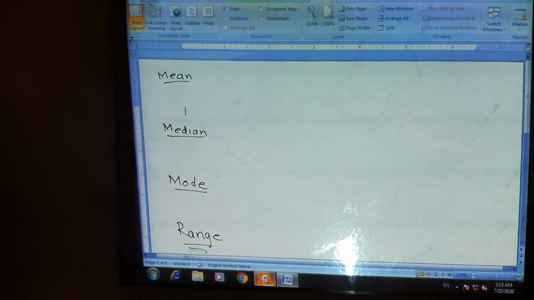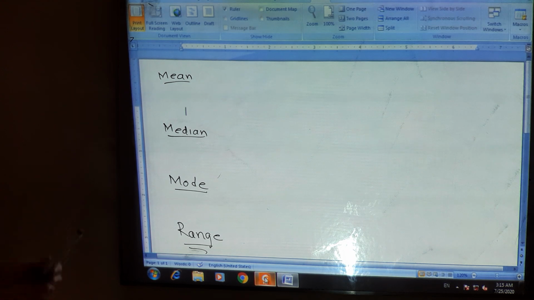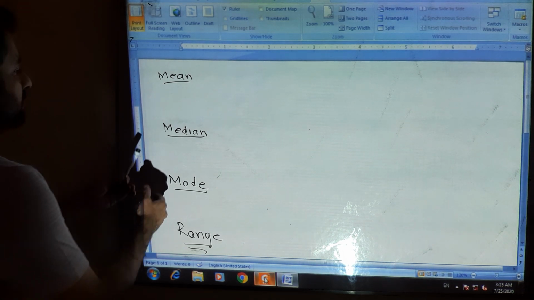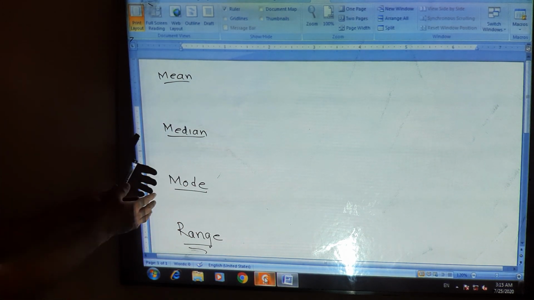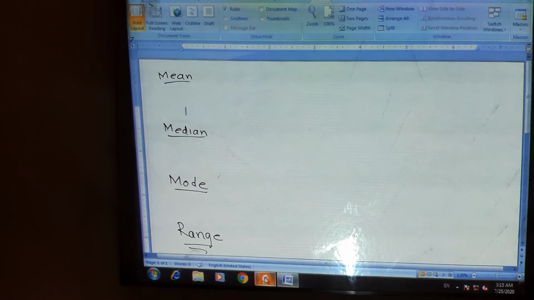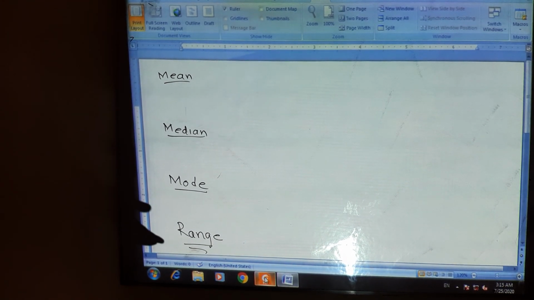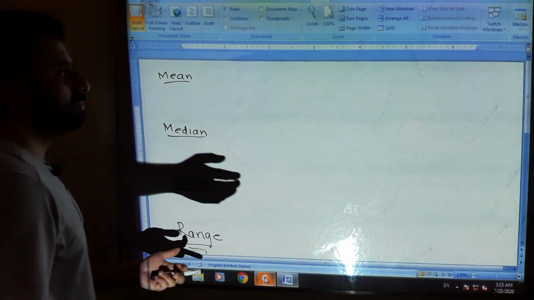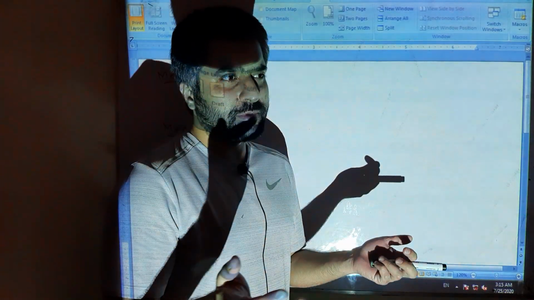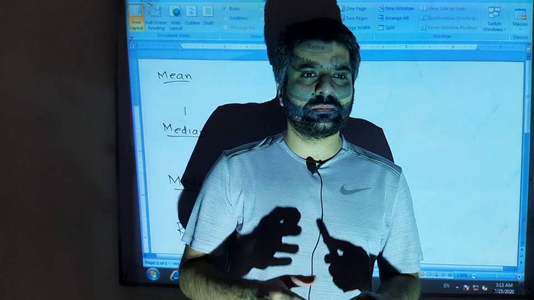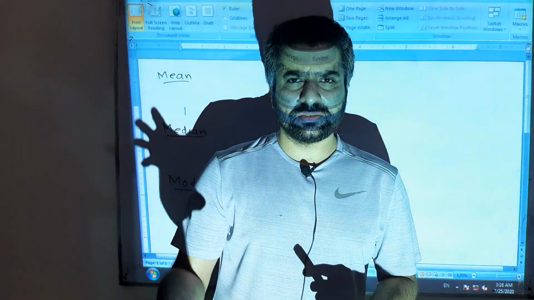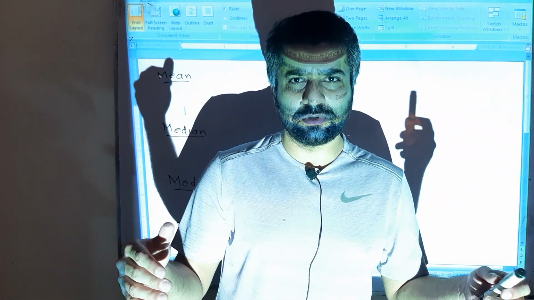Well, in measure of central tendency, we are actually looking for the central value. Median is central, mode is most repeated. So the concept of central tendency is a value, more appropriately a central value, that can define your data set in a better way.